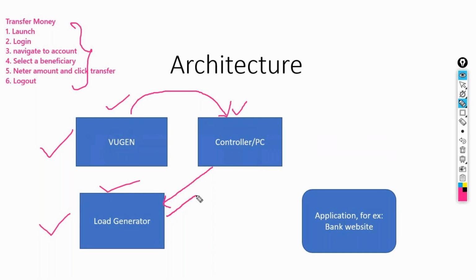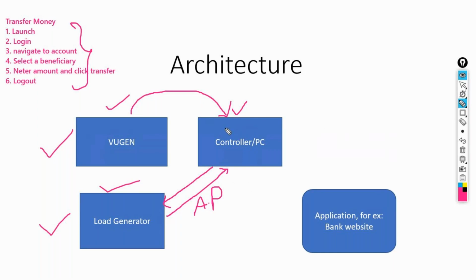The data, like the logs and results, will be transferred back to controller. Who takes care of this data transfer? There is something called the agent process, which acts as a bridge between load generator and controller. It transfers the data to and fro between these two components.